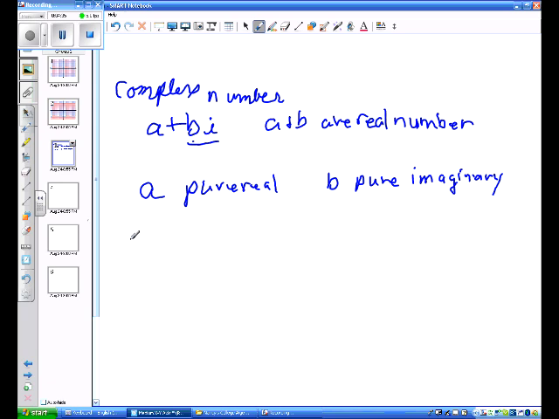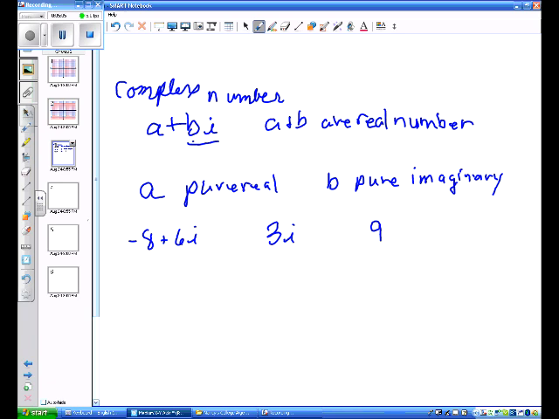So -8 plus 6i would be an example of a complex number. -8 is the real part, 6 is the imaginary part. The number 3i is a complex number, but since it only has the b part, it's a pure imaginary. 9 is a complex number, but since it only has the a part, it would be a pure real.